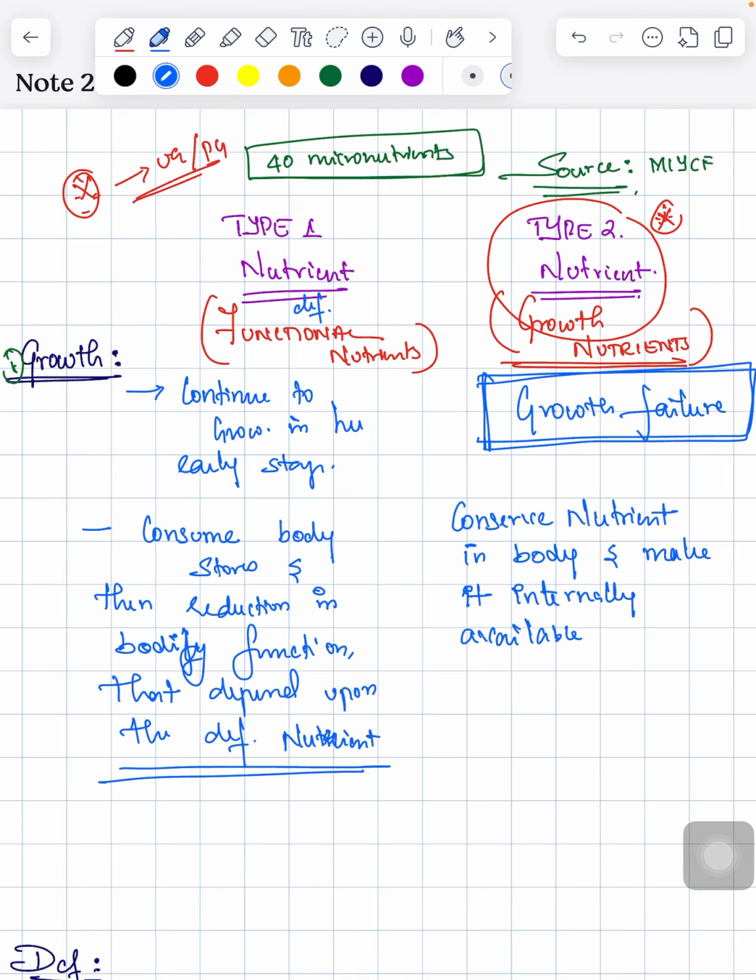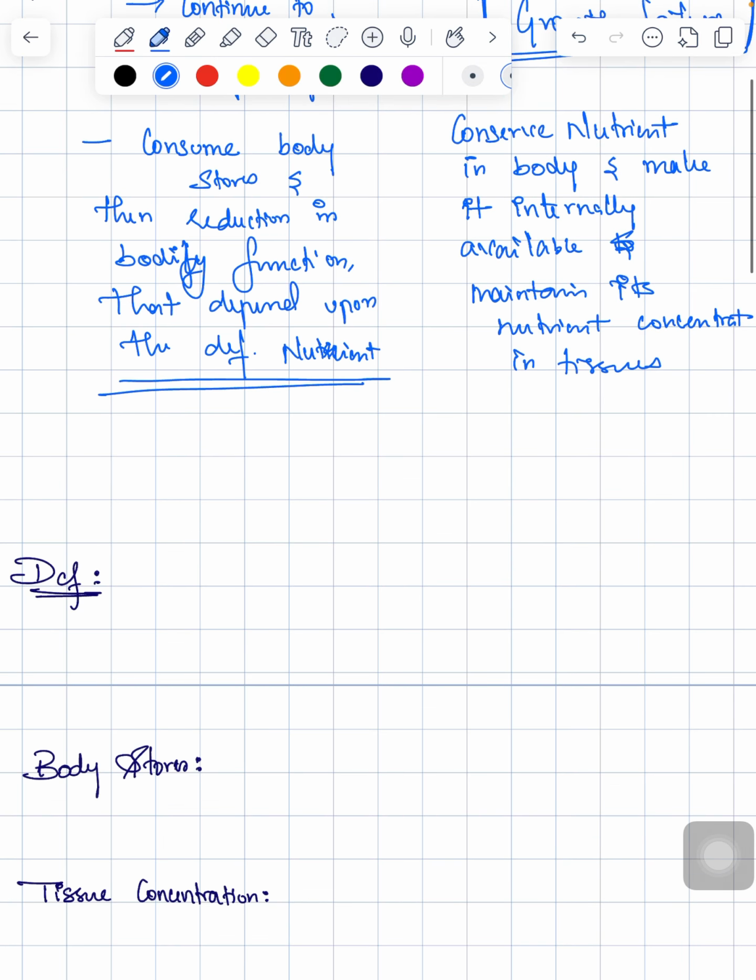So if, for example, this is a muscle, the body will take the nutrients from the muscle. If the nutrients are taken up from the muscle, the muscle will become shorter or thinner.